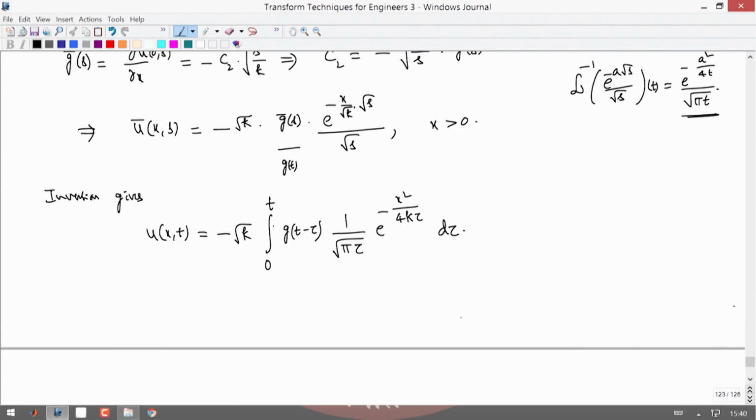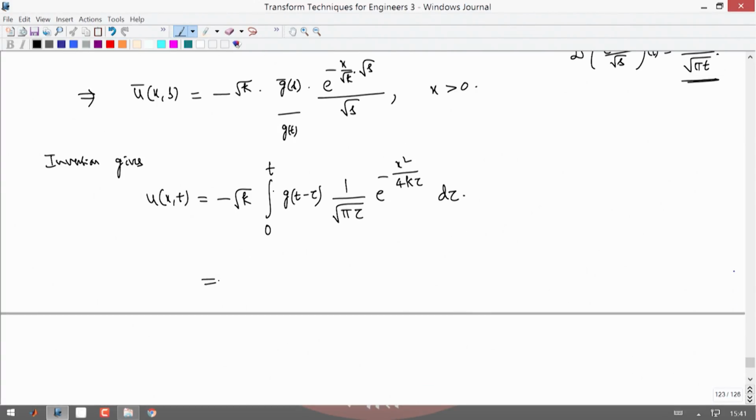So this is the convolution you have to apply. This is equal to minus root k by pi, integral 0 to t of g of t minus tau times 1 over root tau times e power minus x square by 4k tau d tau. So this is your solution for this problem.